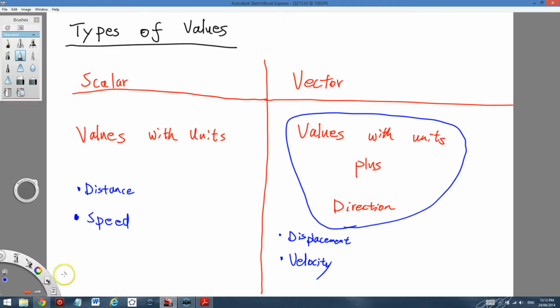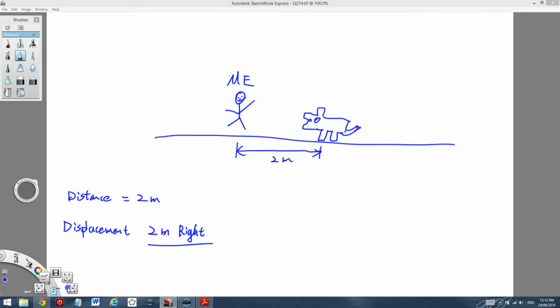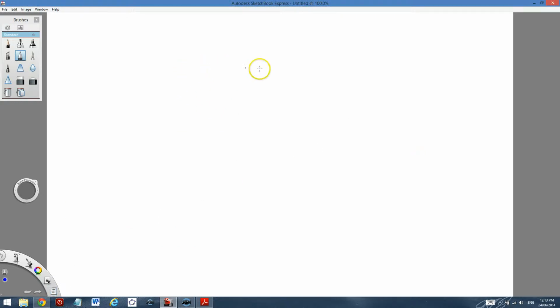Let me give you another example of displacement and distance. Assume there's a dog. I just like drawing dogs.